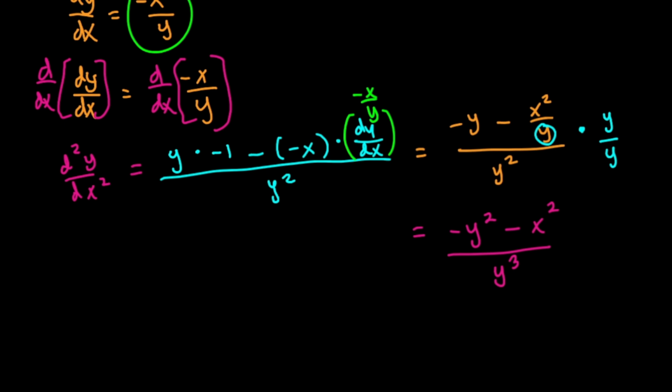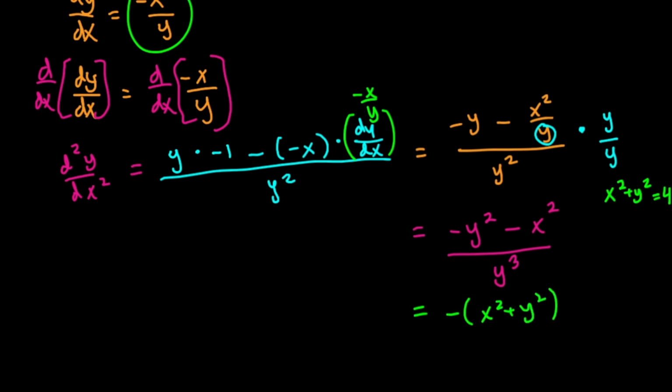A lot of people will stop here, but there is something clever to notice. Recall that the original expression we were given was that x squared plus y squared equaled 4. You may notice that the top is just the opposite of x squared plus y squared.